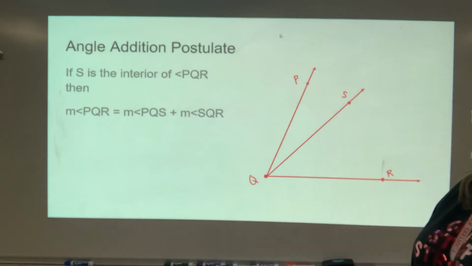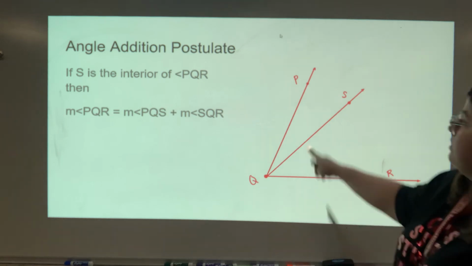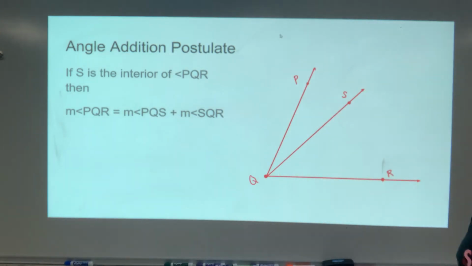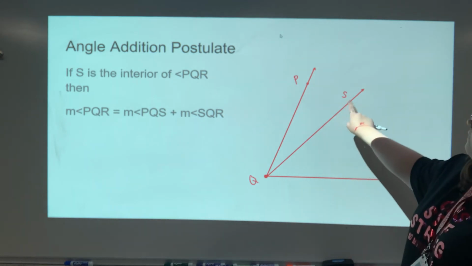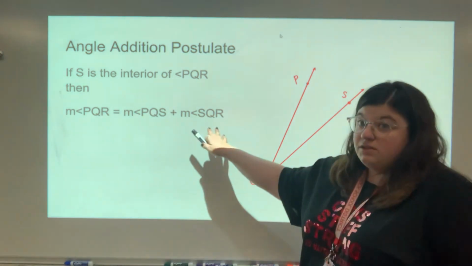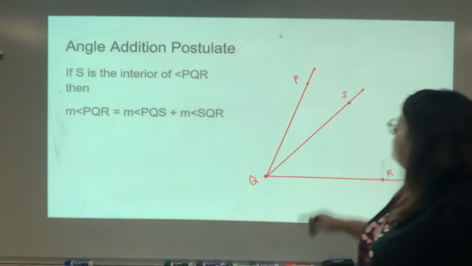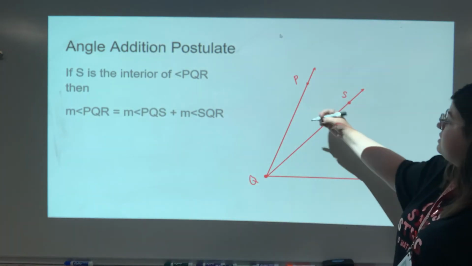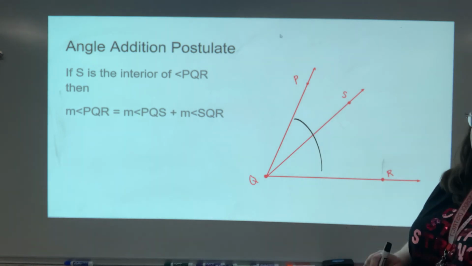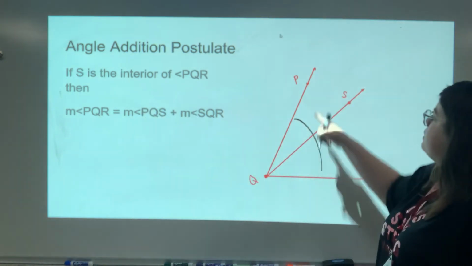It says if point S is interior to angle PQR, so again, PQR, this really big angle. If I have point S somewhere inside of that angle, then the measure of PQR, so this entire thing, is equal to the measure of PQS.